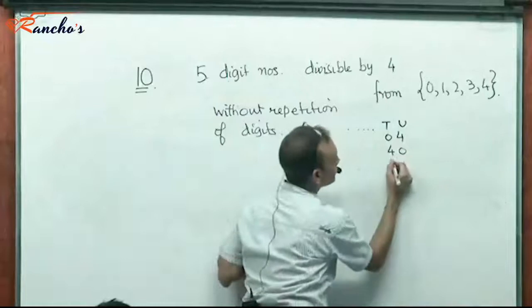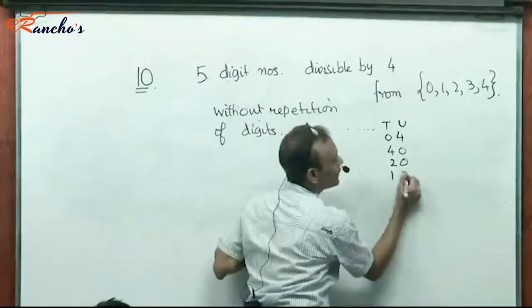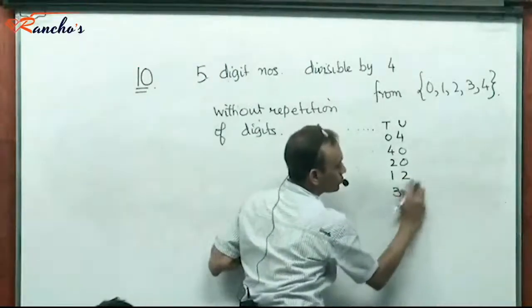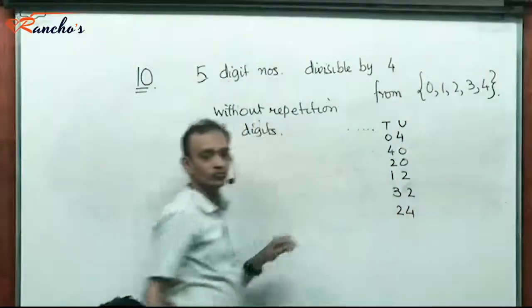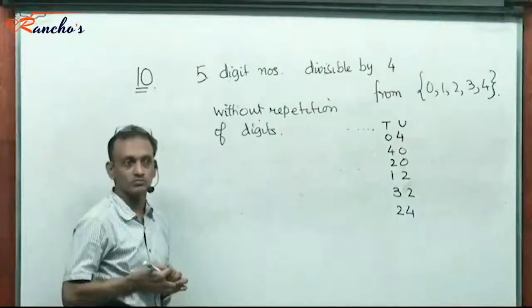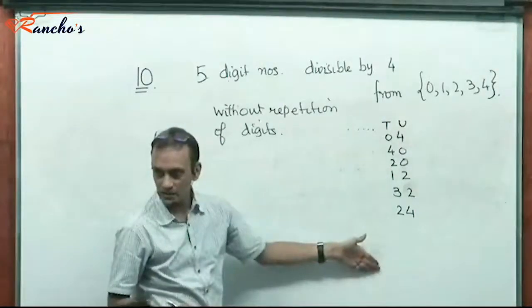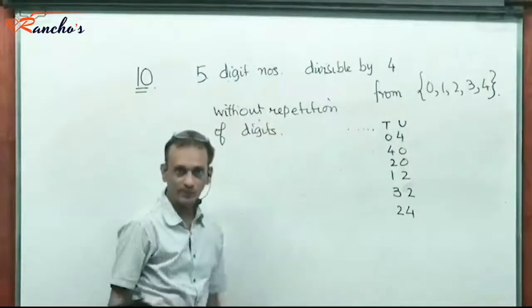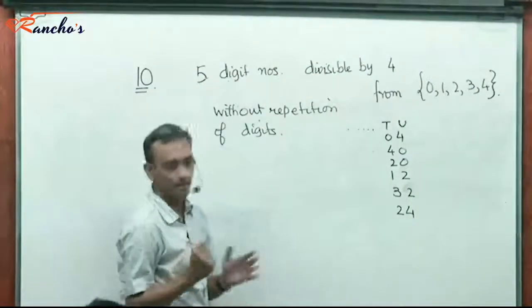We could have had 20. We could have had 12. We could have had 32. We could have had 24. Yes or no? Have I spelled out all the cases? Right?